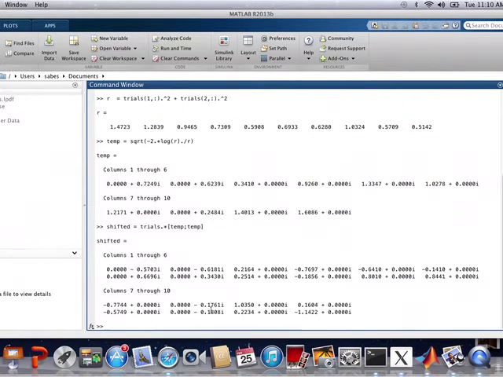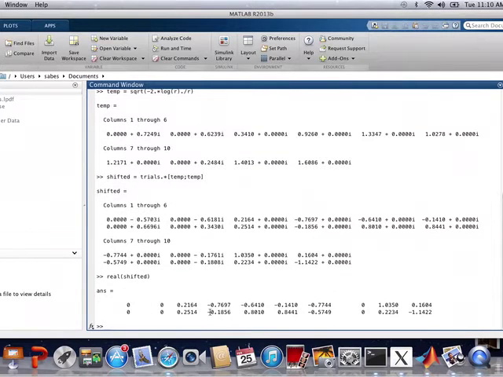So for example, these numbers would not be there, so we can choose the real part of shifted, and we do see that many of them are zeros, which were originally completely imaginary parts, like these, and it is given as a hint in the exercise.